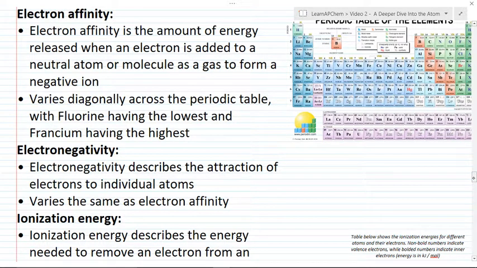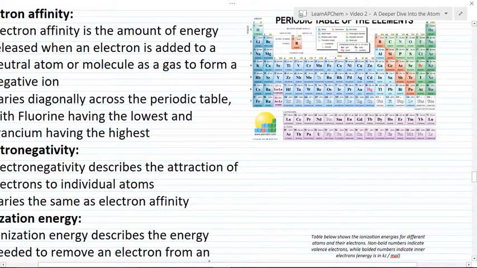With electron affinity, fluorine has the lowest, meaning that when you add an electron to fluorine, it's releasing the lowest amount of energy compared to all the other elements. However, francium, if you added an electron to it, would release much more energy, in fact the most on the periodic table.